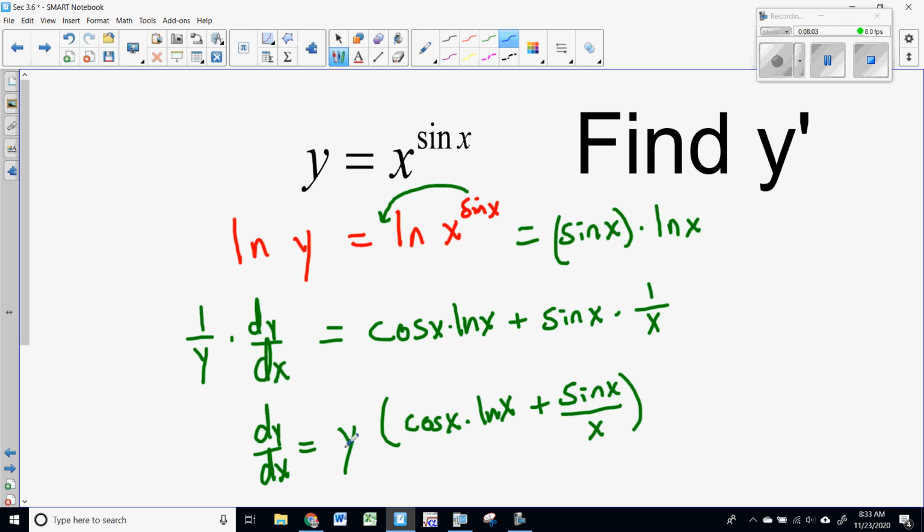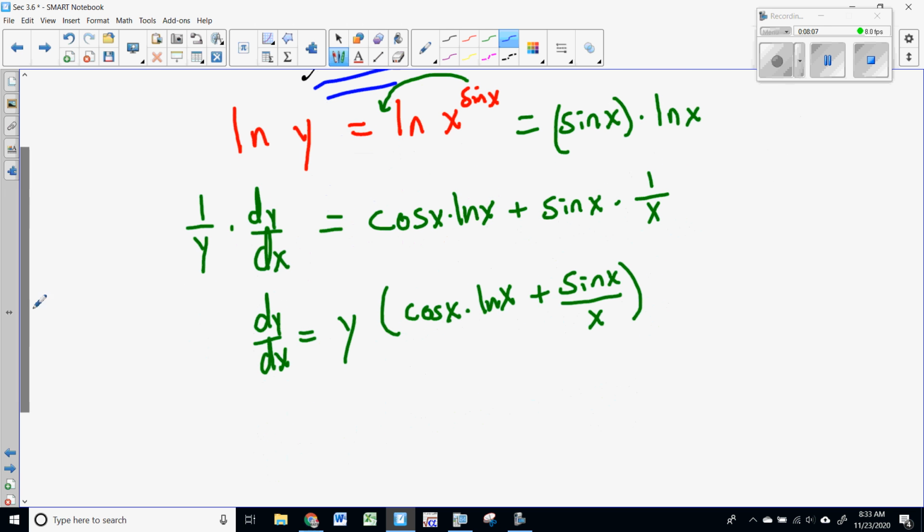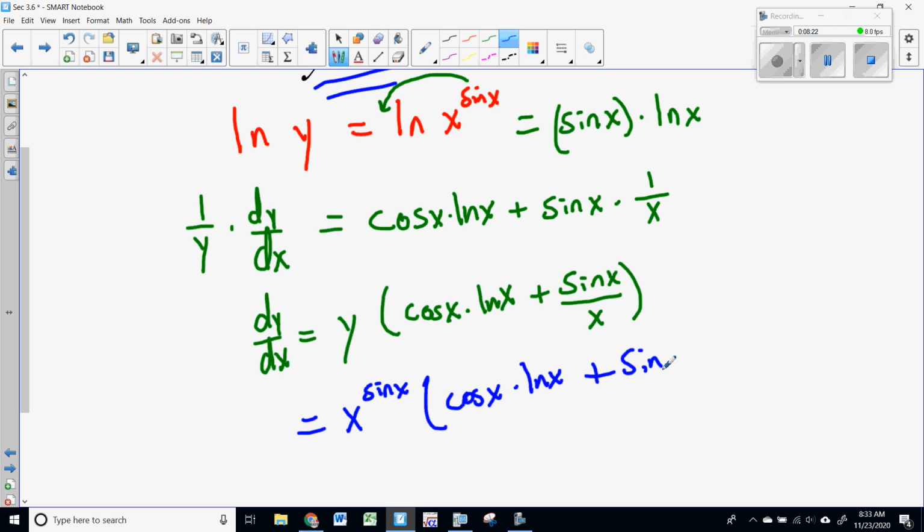So I need to get rid of this y. And I can use my original function as the thing I substitute in. So I can rewrite this as x to the sine of x, times cosine of x times natural log of x plus sine of x over x. So there is my derivative.